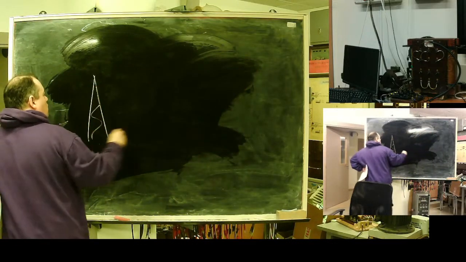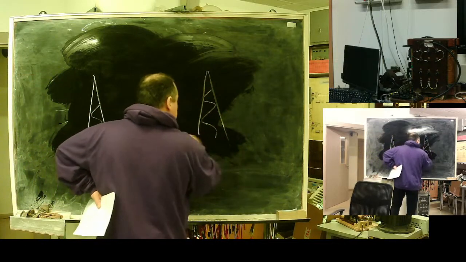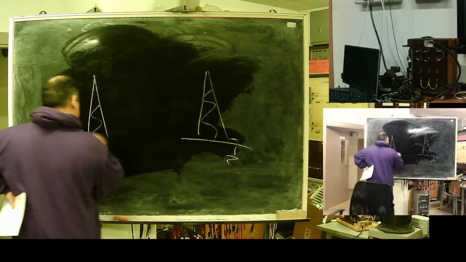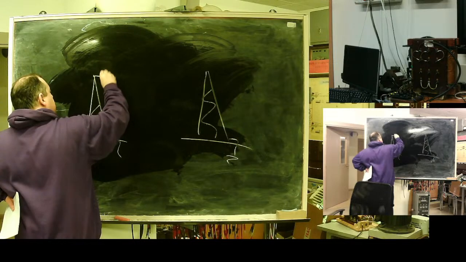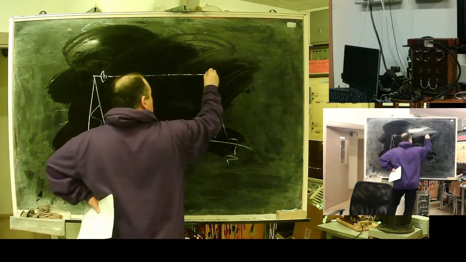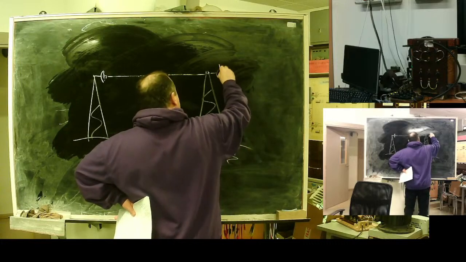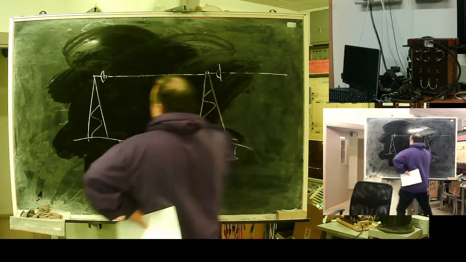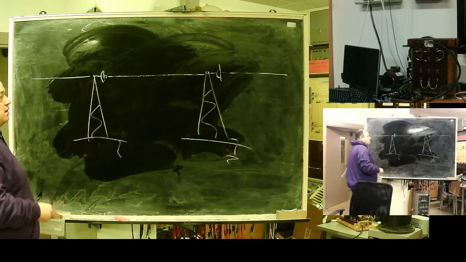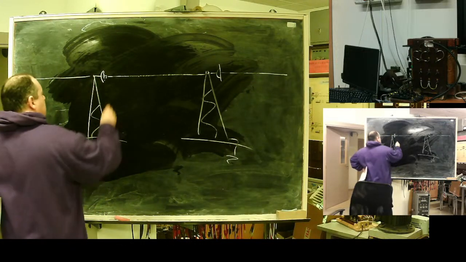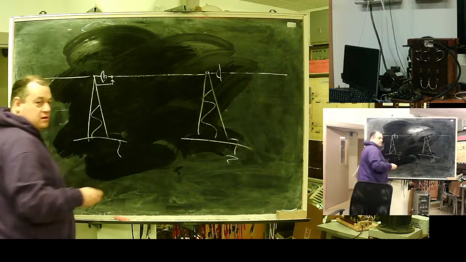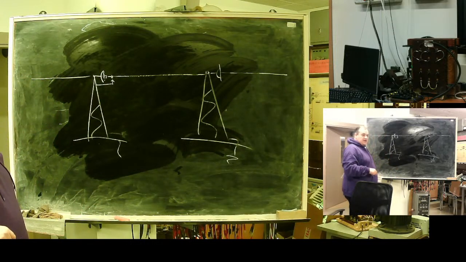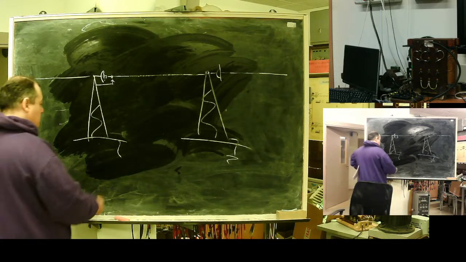I have one tower, next tower, insulator, next again insulating dish, interrupted, but here always a spark gap. In case of lightning, this spark gap opens and current flows to the ground.